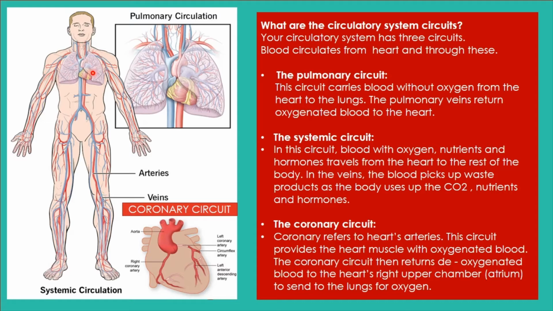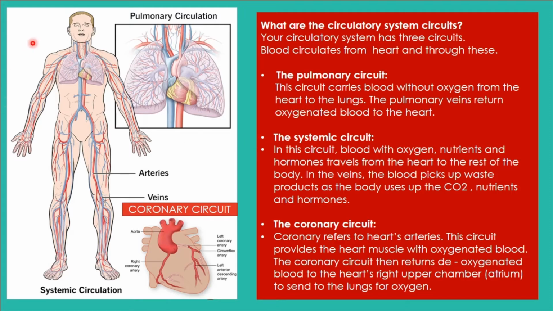Now, why is it called systemic circulation? You can see here, blood with oxygen, nutrients and hormones travels from the heart to the rest of the body. In the veins, the blood picks up waste products as the body uses up oxygen, nutrients and hormones.